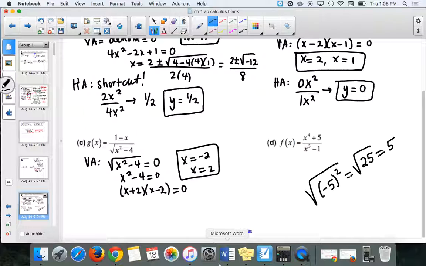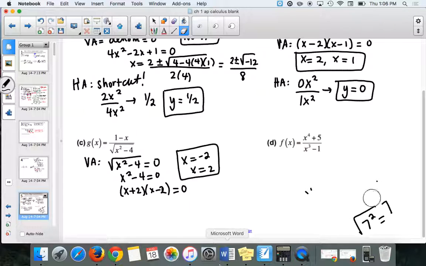So that -5 really turned into a 5. So if you have the square root of x squared, it's not just x. It's actually the absolute value of x. Or if I had a positive already, if I had 7 squared, it's 7 in the end, right? It's the positive version. So every time it's the positive version of the number. Does that kind of ring a bell? You remembering this? All right.